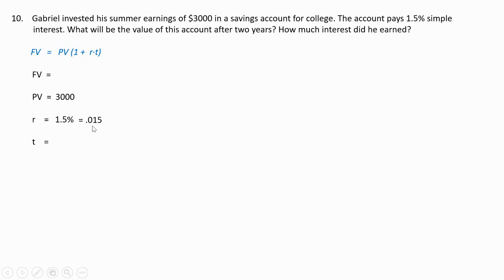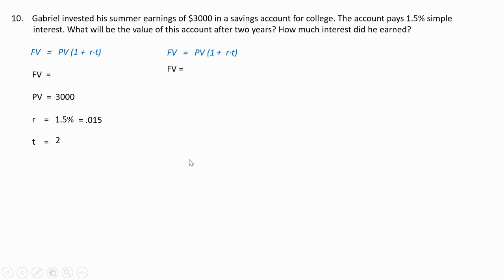Either way works, but one of the mistakes that students make is that they leave the interest rate at 1.5 and it's going to give you a wrong result. So please use one of the two methods. Again, you move the decimal point 2 places to the left, or you divide the 1.5 by 100 and drop the symbol. And the time has to be in years, right? This is already in years, so we're going to put 2 for T.